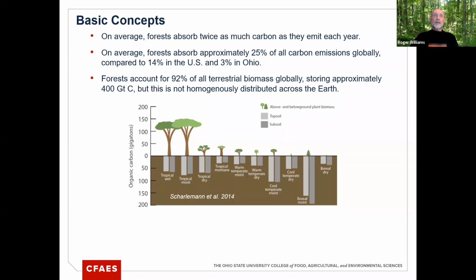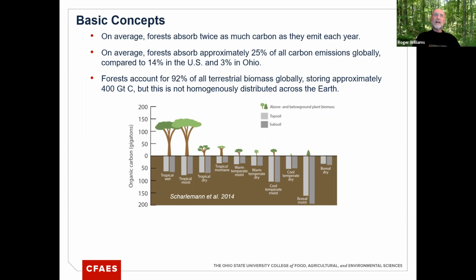Well, first of all, on average, forests absorb twice as much carbon as they emit each year. And on average, forests absorb approximately 25% of all carbon emissions globally, compared to 14% in the US overall, and then in Ohio, about 3%.